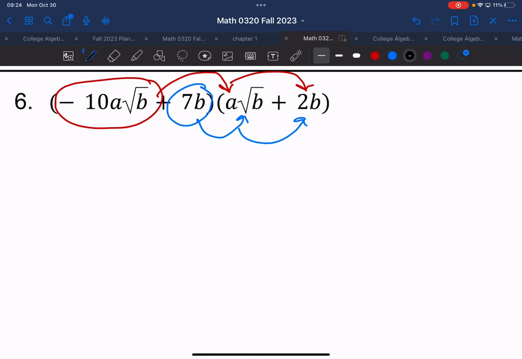Okay, continue working. I'm just going to go ahead and write out that first step of foiling each term.